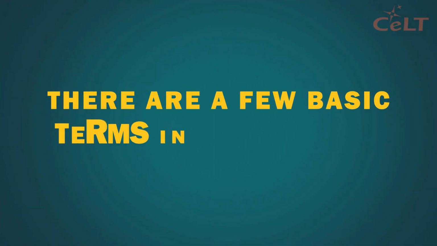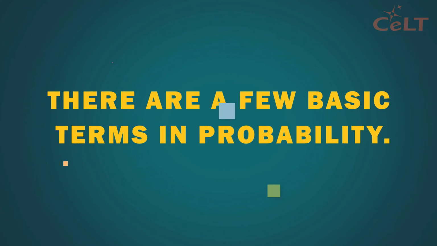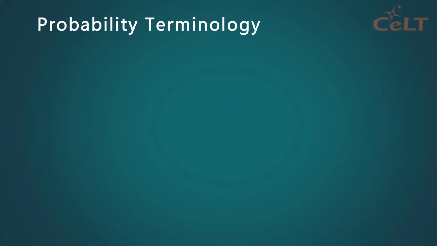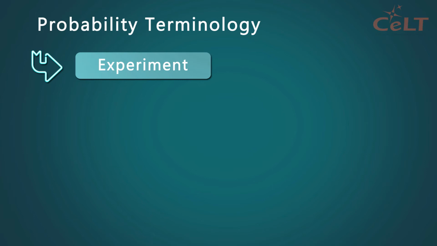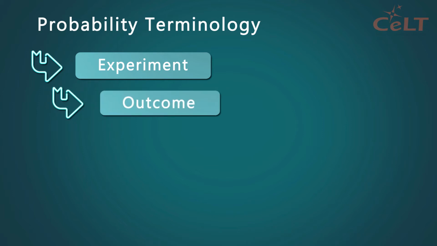There are a few basic terms in probability. Probability starts when we do an experiment to predict a specific condition. An experiment is a process of making observations to obtain the required results. An outcome is a possible result that can be obtained from the experiment.